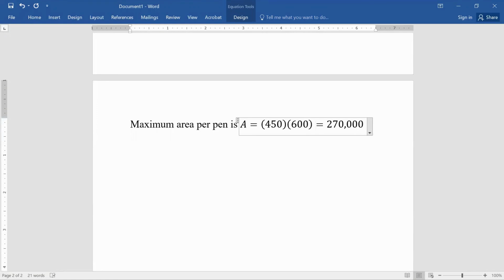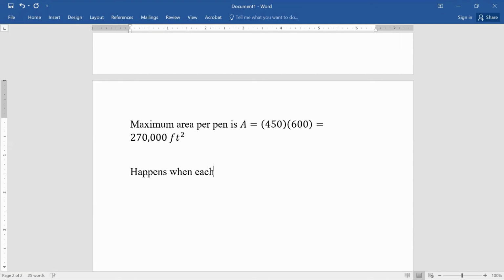In other words, 270,000. That would be in square feet. So the maximum area per pen is 270,000 square feet.